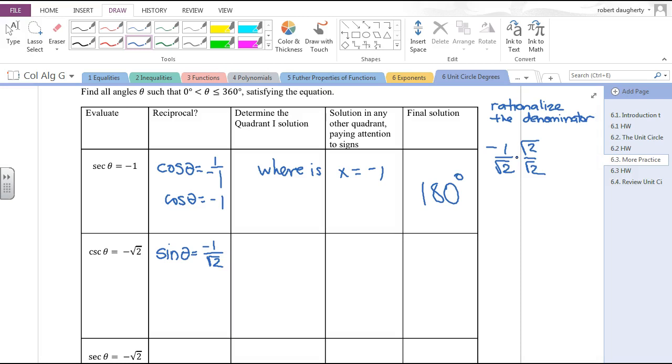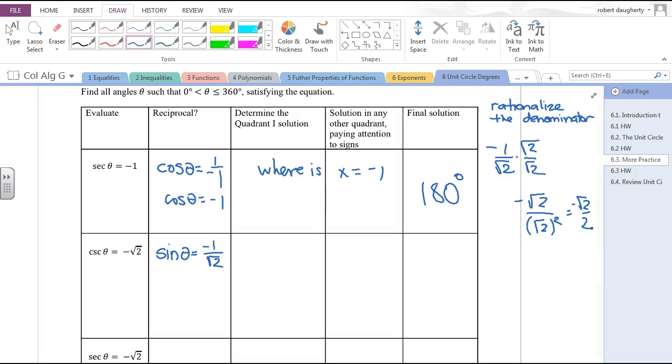So on the top of this fraction, you get negative square root of 2. On the bottom of this fraction, you get the square root of 2 squared. What is the square root of 2 squared? 2. So this is negative square root of 2 over 2. Do you see that anywhere on the unit circle?